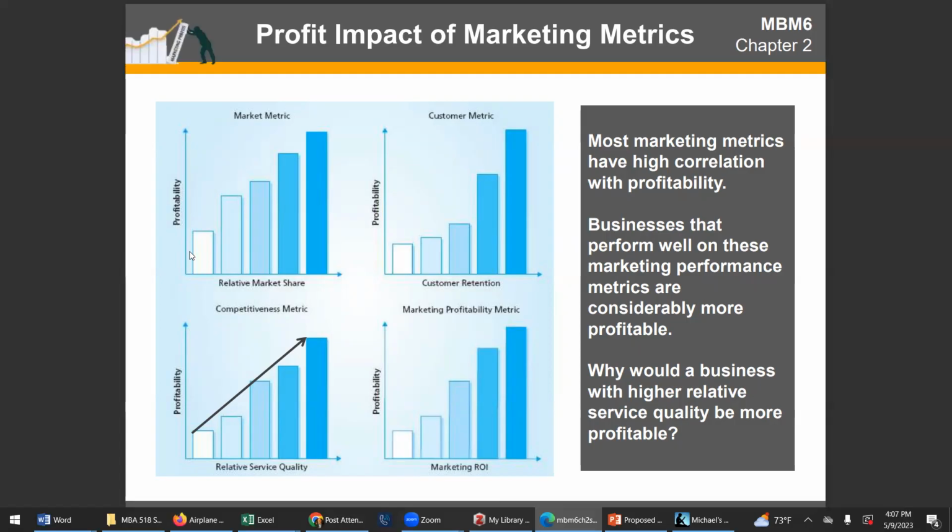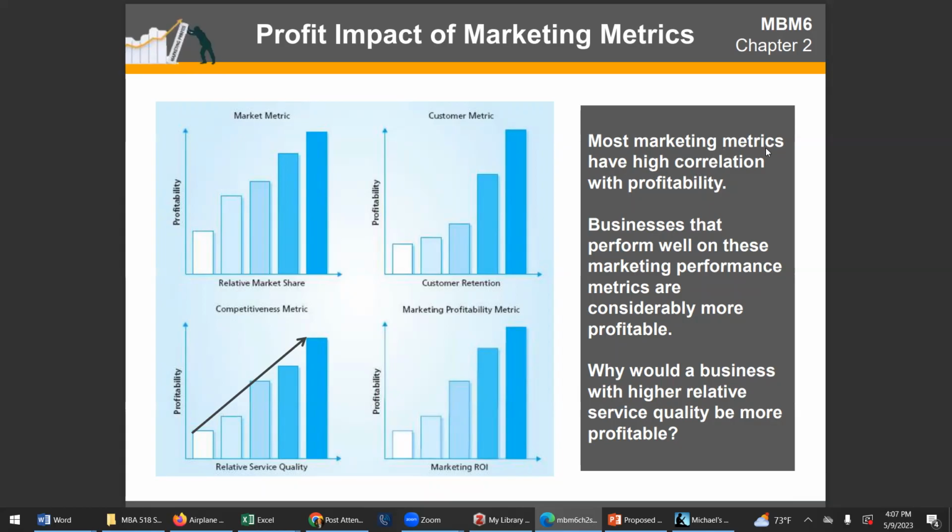And what's interesting here is if we consider the relationship between profitability and relative market share. As you could imagine, the more market share we have, we would anticipate that our profitability would be going up, right? So that's thing number one. Thing number two is as we retain more customers, we would imagine that our profitability would go up.